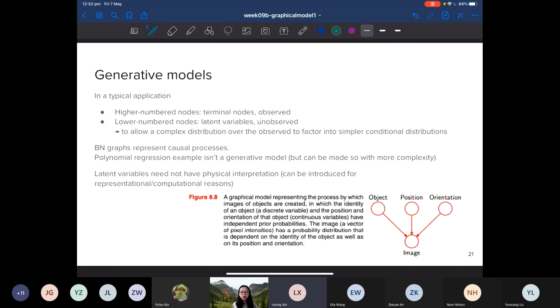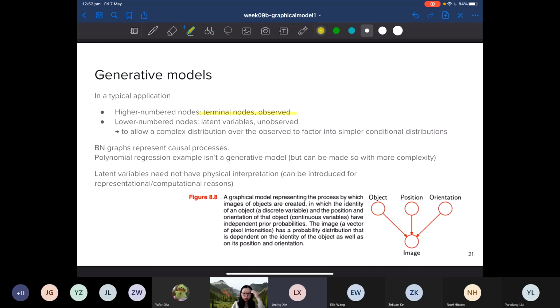In a typical application, the way we use these Bayes nets is that the terminal nodes are observed. Terminal nodes are the leaf nodes, so to speak. They don't have any descendants. So they're typically observed, but they have a complex distribution. The parent or grandparent ancestral nodes are not observed.